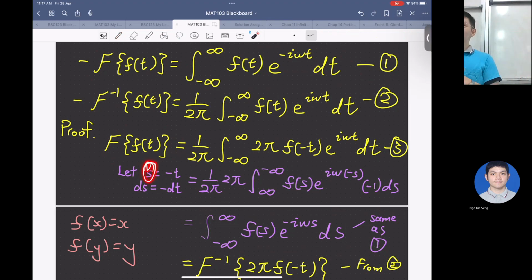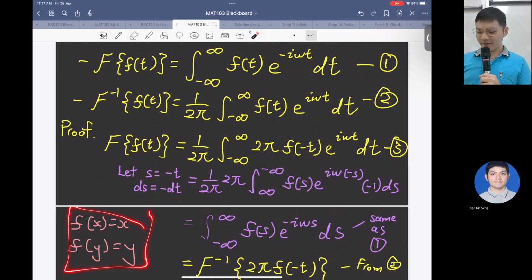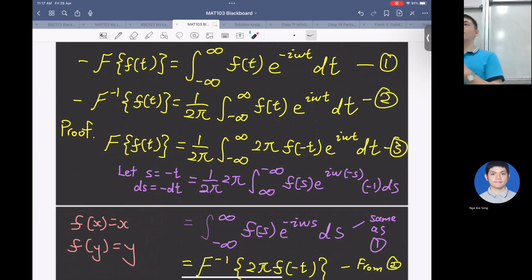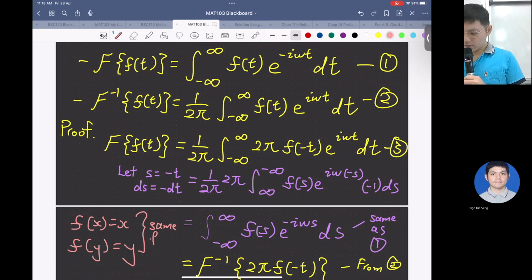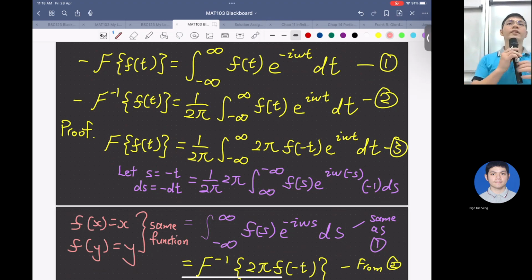If I want to put s as t here, of course, mathematically it's wrong, but my idea is this: f of x equal to x, f of y equal to y. These two represent the same function. So what we care about is the function, no matter what variable you put in.